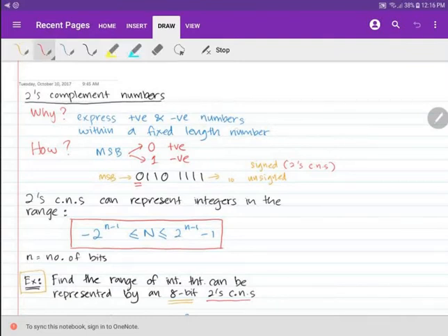So what do we mean by fixed length number? Whenever we deal with digital hardware, because it is hardware, remember in the first class I showed you the PIC18 microcontroller.